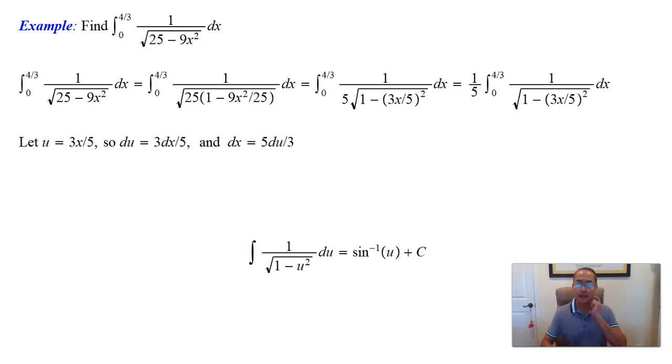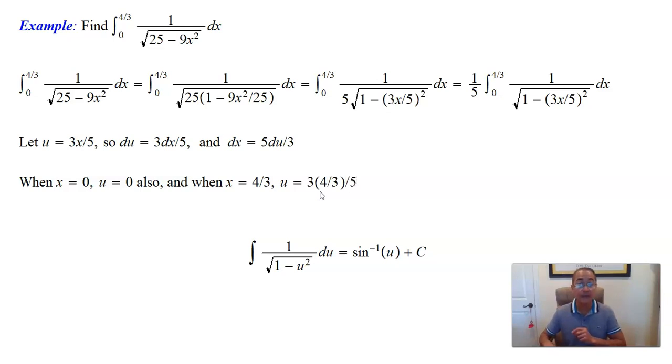Shall we also change the limits? When x is 0, 3 times 0 is still 0, so u equals 0 also. And when x is 4/3, u will be 3 times 4/3 divided by 5. The 3's cancel, and we are left with 4/5.